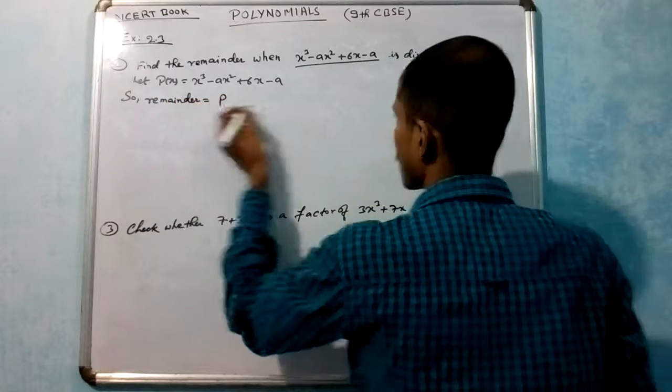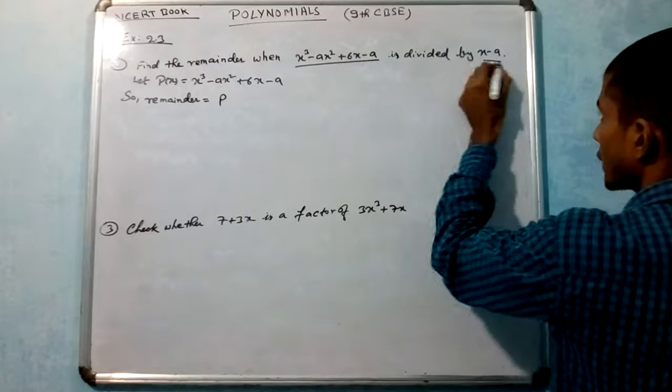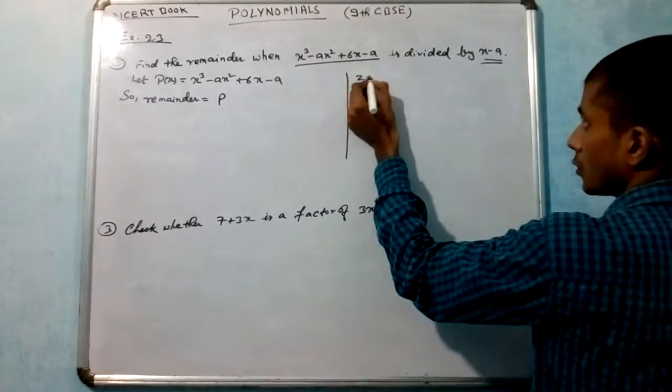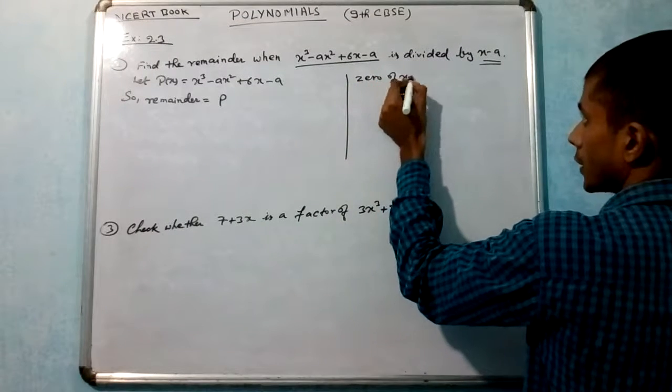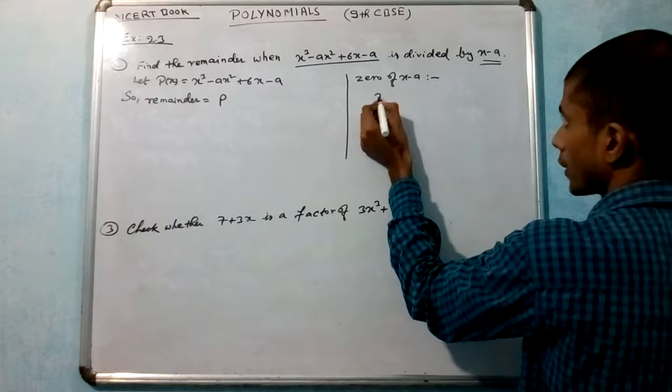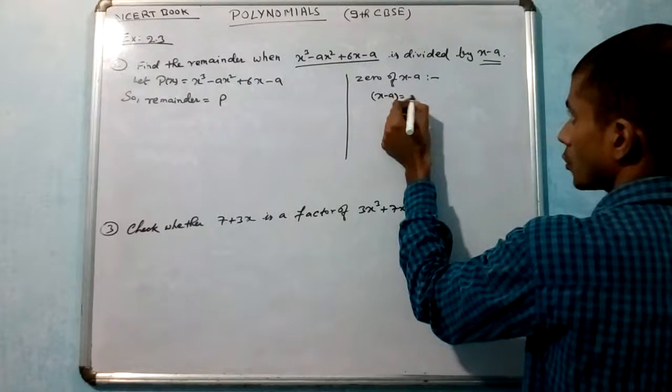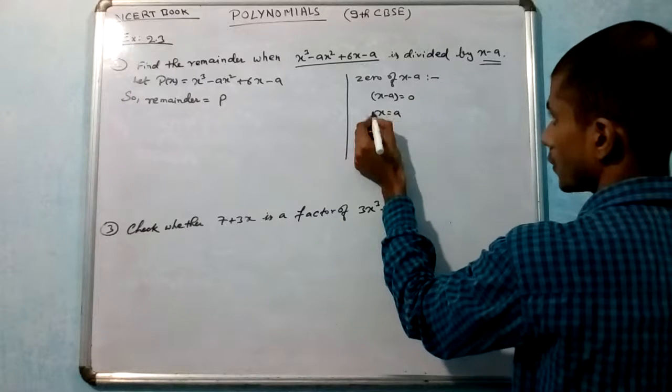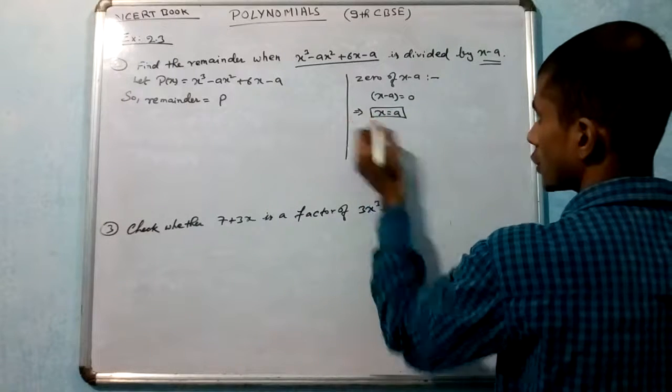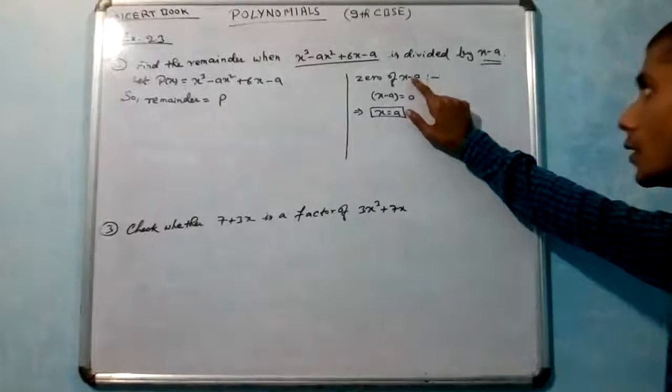We have to find the zero of x minus a. So x minus a is equal to 0, so x is equal to a. x is equal to a is the zero of x minus a.